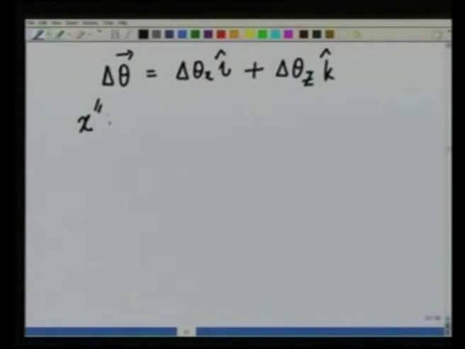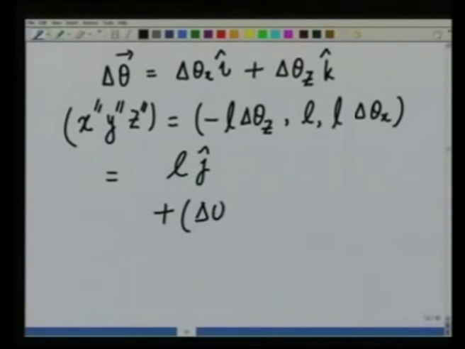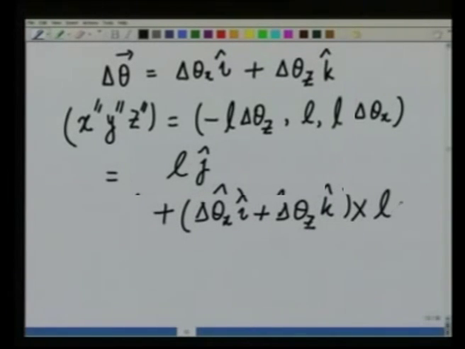I get x double prime, y double prime, z double prime as equal to minus L delta theta z, L and L delta theta x, which I can write as the original L j plus delta theta x I plus delta theta z k cross the original vector, which is L j.